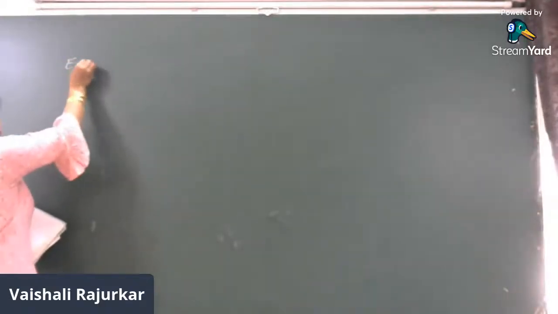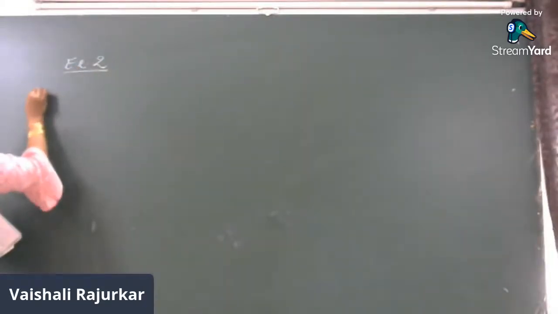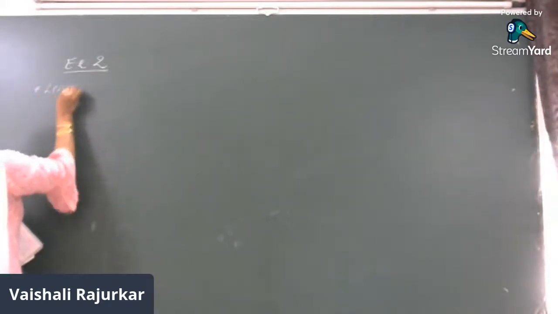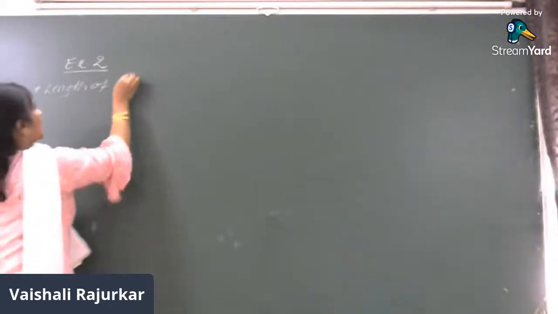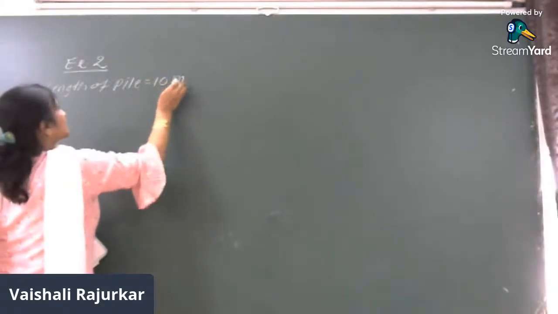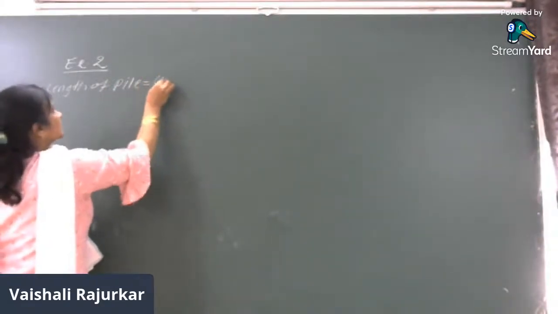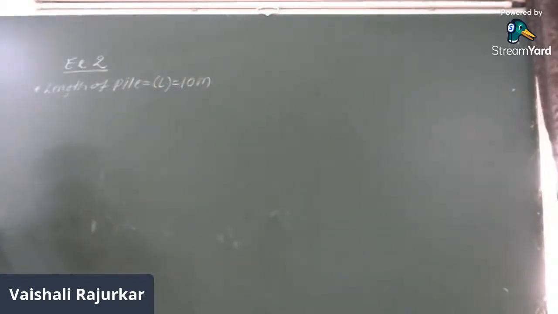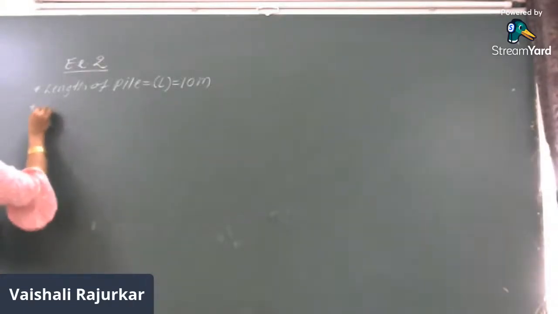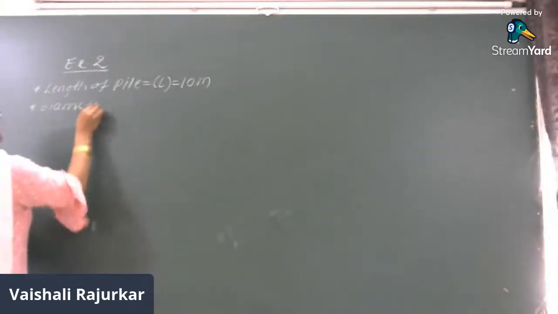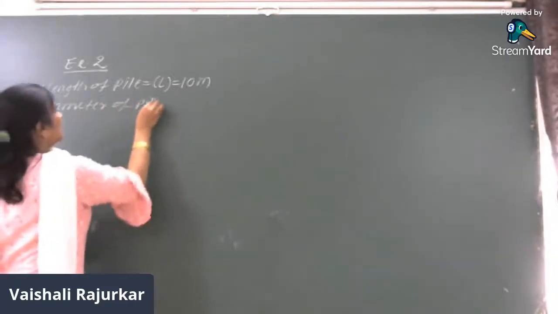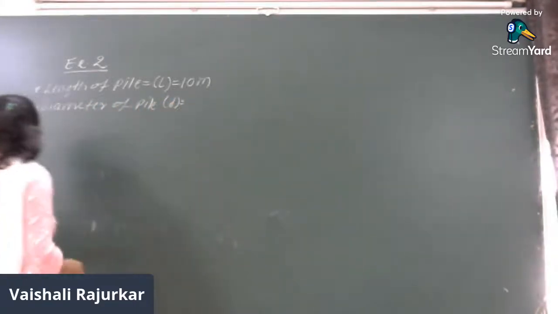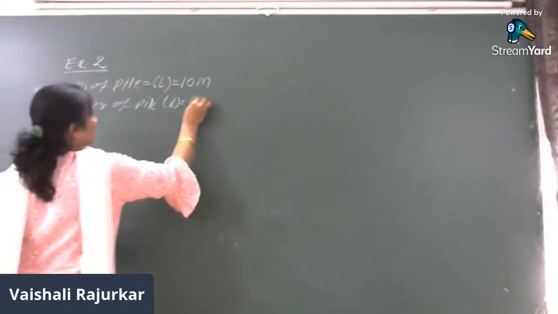So example number 2, where the data is given as pile length L is equal to 10 meters. Then diameter of pile is taken as 0.4 meter.